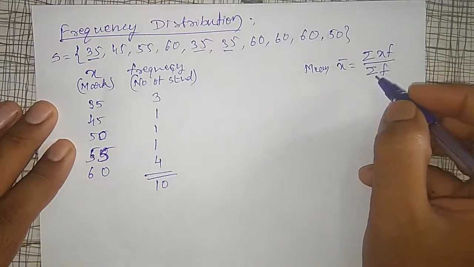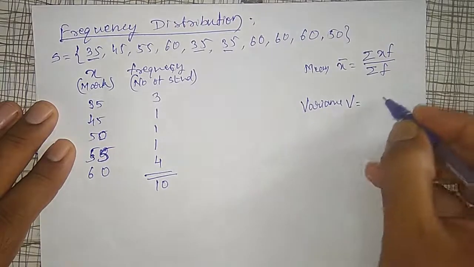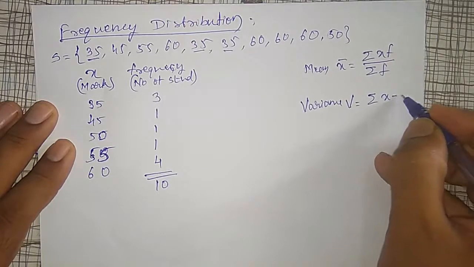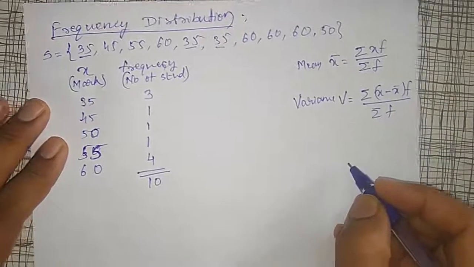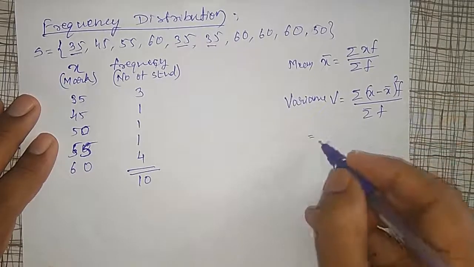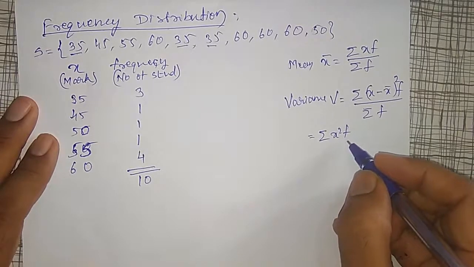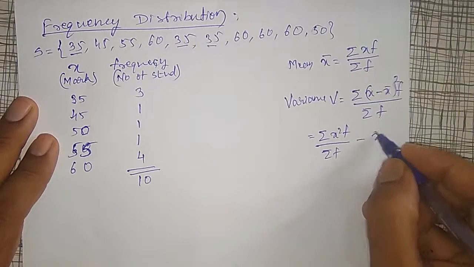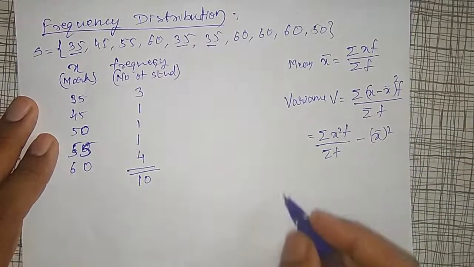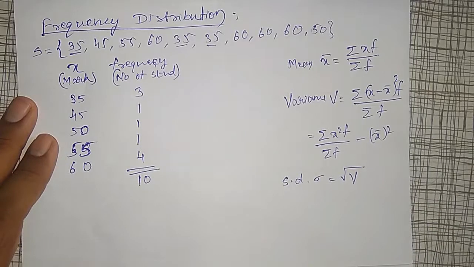Like that, variance V is equal to summation of (x minus x bar) square into f divided by summation of f, or one more formula: summation of x square into f divided by summation of f, minus x bar square. And standard deviation is sigma equal to square root of V. We know them. This is a frequency distribution.